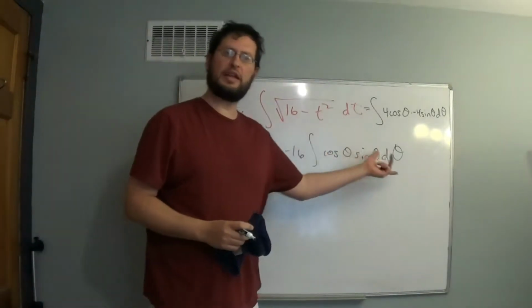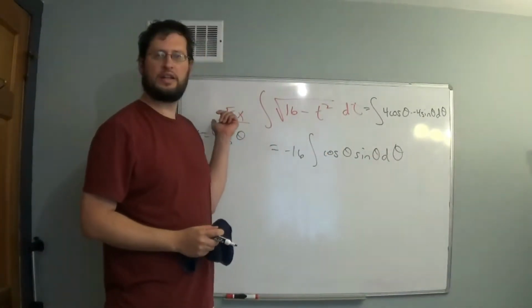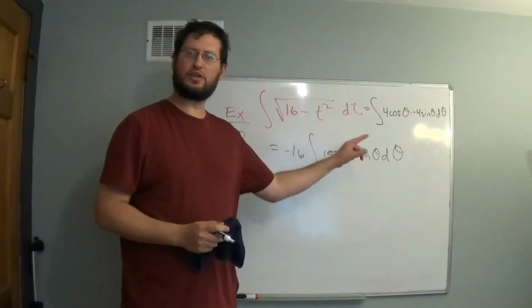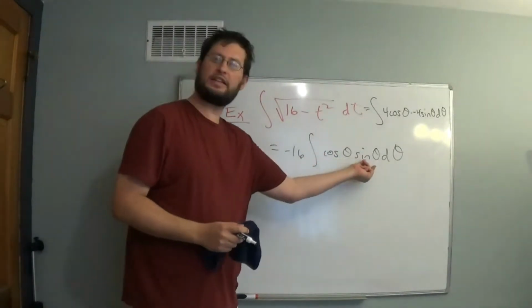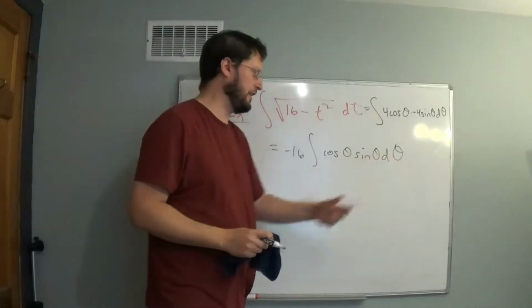And this is a trig integral from the previous section. Remember, if we have a mix of sines and cosines, I can let u be sine theta, so that du is cosine theta d theta.